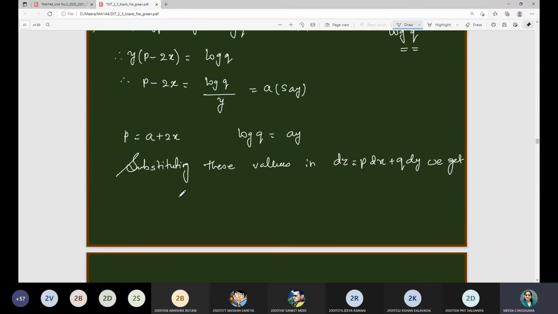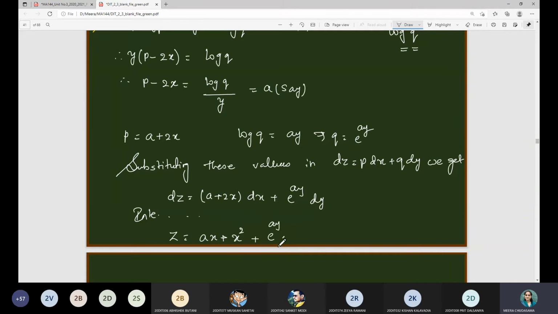We get dz is equal to p, which is a plus 2x, and from this one we can say q is nothing but e raised to ay, right? So dx plus e raised to ay dy. So integrating both the sides, z is equal to ax plus 2x square by 2, so just x square plus e raised to ay upon a plus constant of integration.